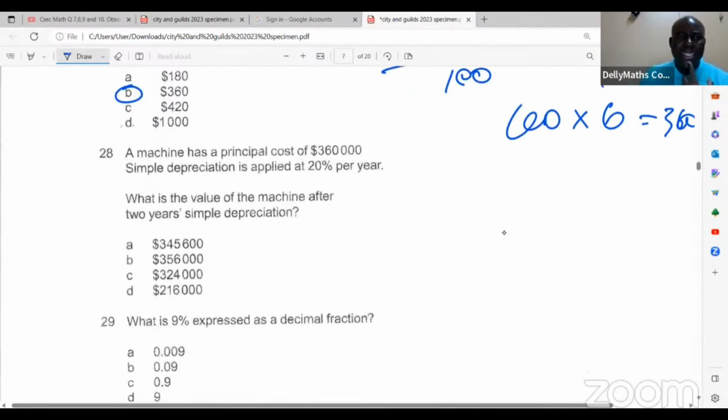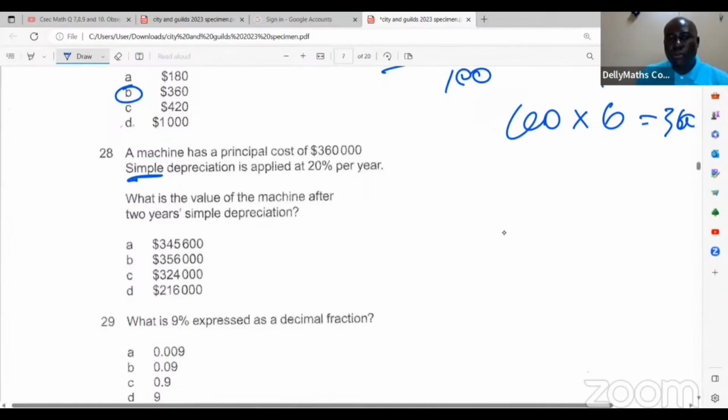All right, next question says, a machine has a principal cost of 360,000. Simple depreciation is applied at 20% per year. So we're talking about not changing the amount. When we say simple depreciation, we're keeping that 20%, so basically it's going to turn into 40% over 2 years.